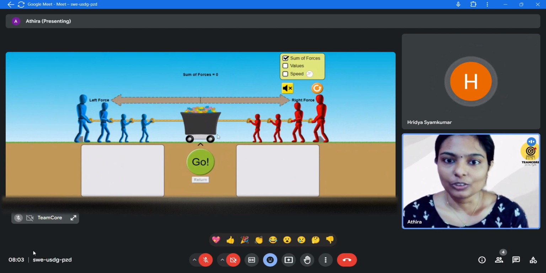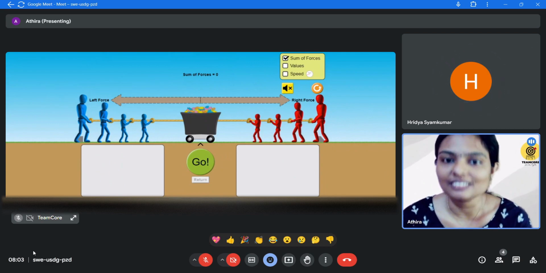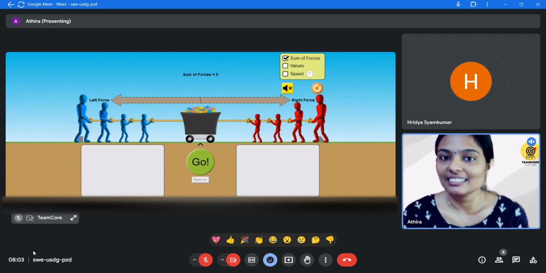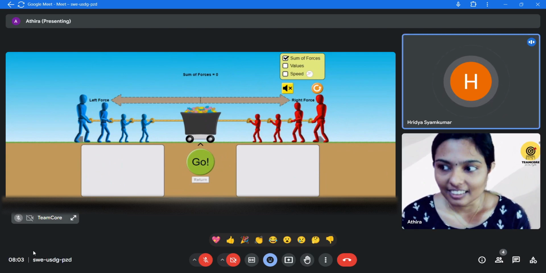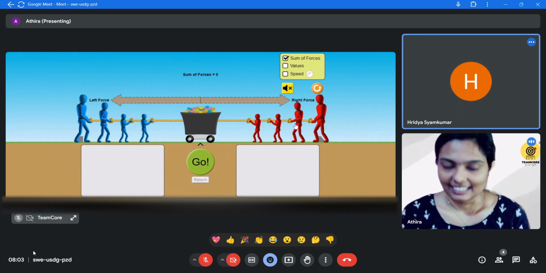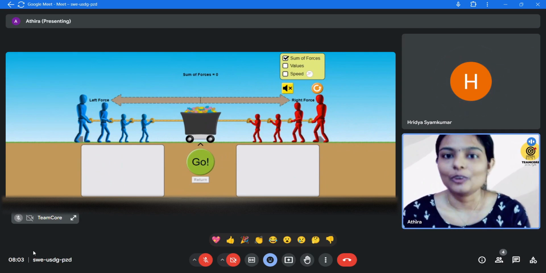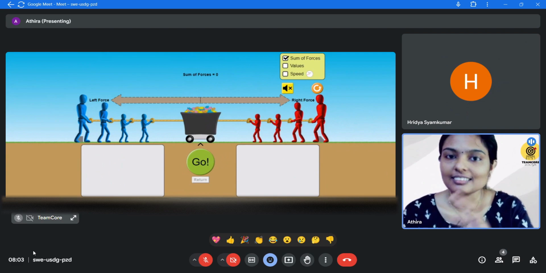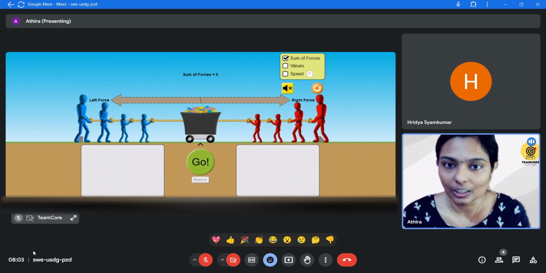Now the object will not move, and we can say that balanced force is acting on this object. If we apply multiple forces on an object and the sum of the forces turns out to be zero, then that force is called balanced force.